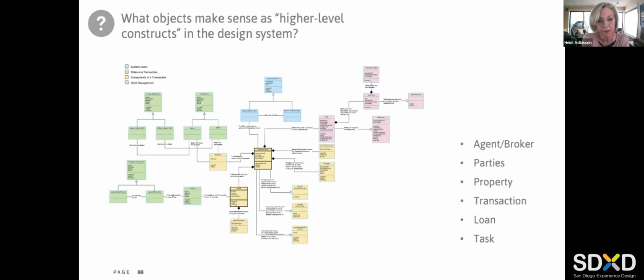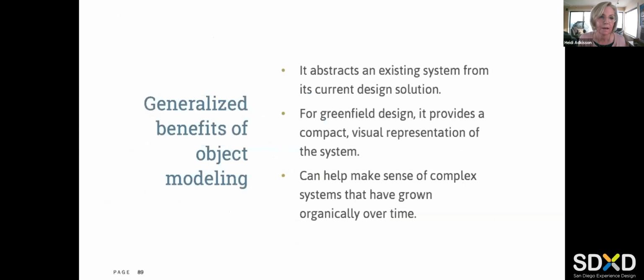These definitely were not page level constructs because these were all pieces and parts that appeared in different screens, but they were absolutely important components of the experience and needed to be treated in a very consistent manner.